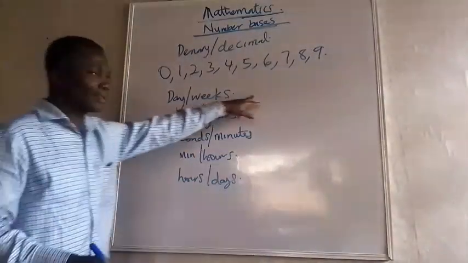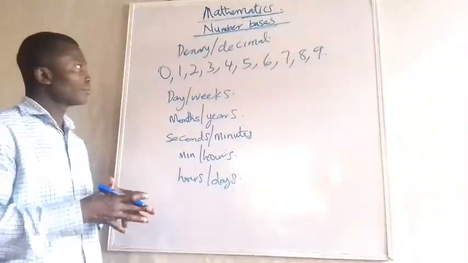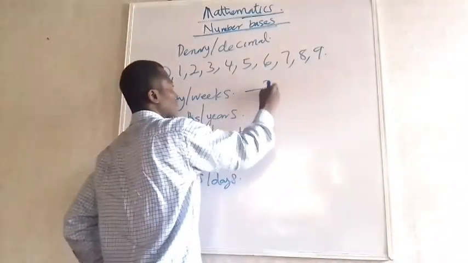So you can see, under this system, the number base will be 7.